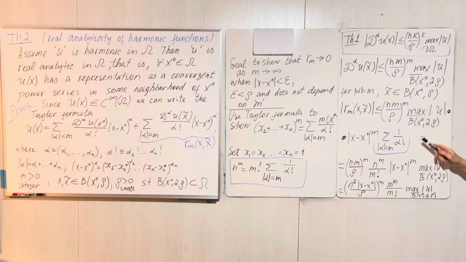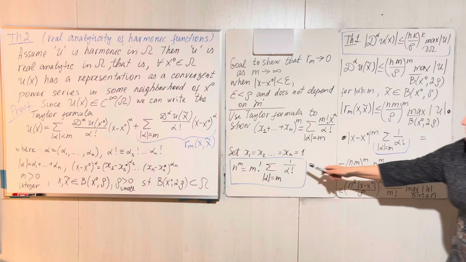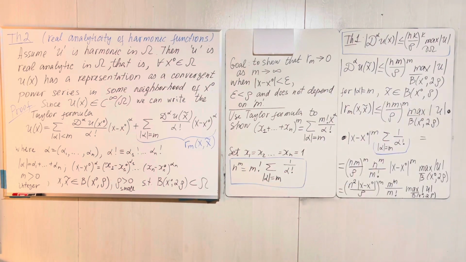And then this term, the sum of 1 over alpha factorial, we can replace using the formula we just derived. So here I just copied everything. So this term, instead of this sum, I put m to the m over m factorial, and the rest of the terms I just copied.